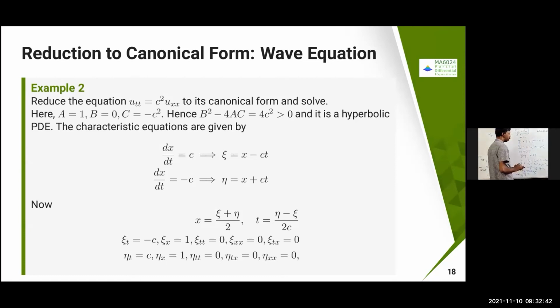So here you are going to get the same thing. In this case you are going to get dx by dt equal to c. If you substitute over here in the same format, dx by dt is going to become simply c. So dx by dt is going to be c.